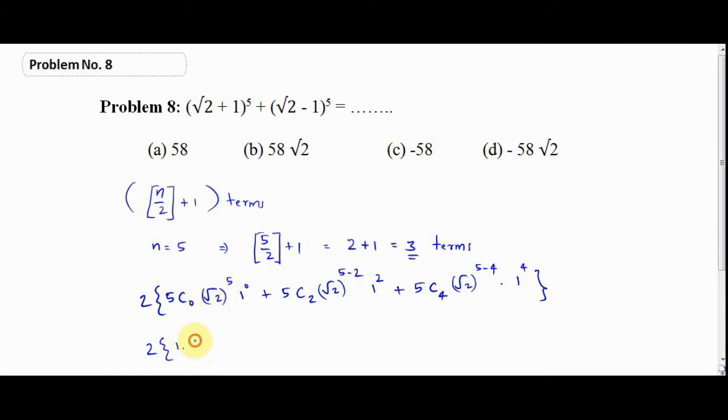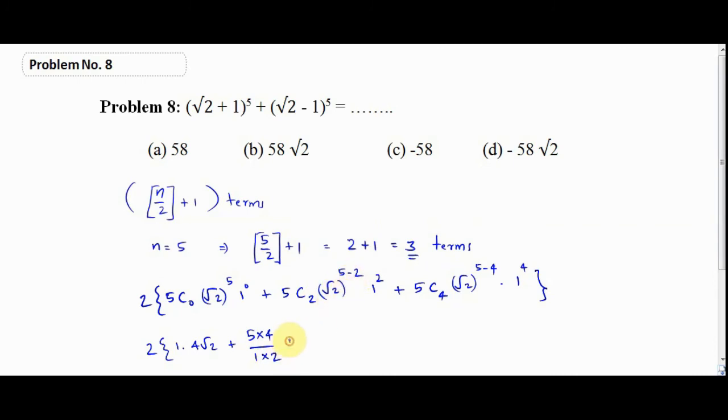So that will be equal to 4 root 2. Okay. Plus, here we have 1 raised to 0, that is 1. Okay, then plus 5C2. So 5C2 will be 5 into 4 divided by 1 into 2. Okay. Then root 2 raised to 5 minus 2. So 5 minus 2 will be 3. So root 2 raised to 3.